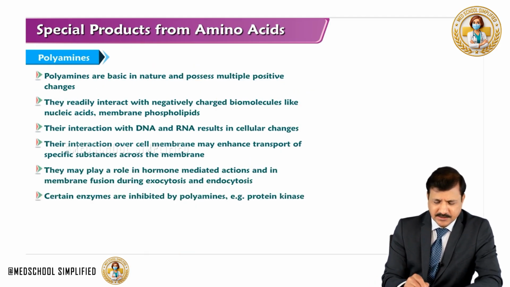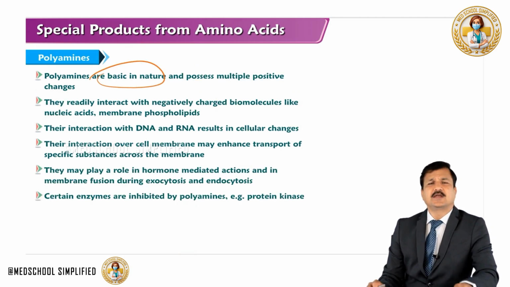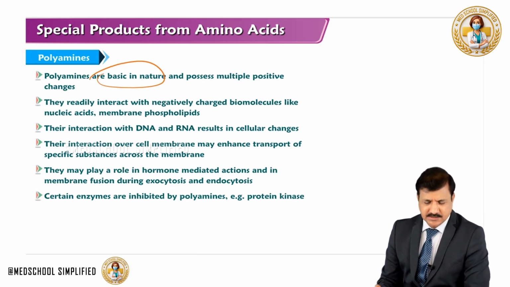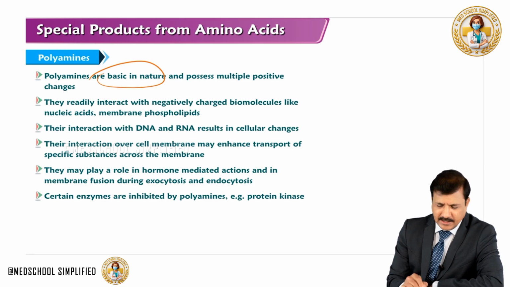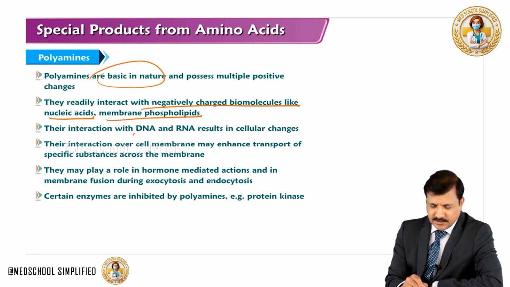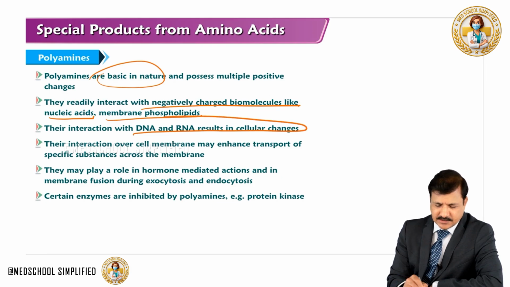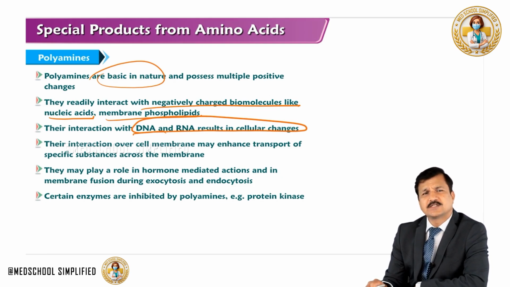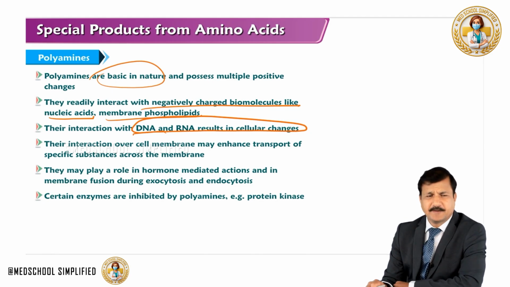And these polyamines, because they are basic in nature, that means they have higher positive charges, so they readily interact with negatively charged biomolecules like nucleic acids and membrane phospholipids. So their interaction with the DNA and RNA results in cellular changes, and also their interaction over the cell membrane may enhance transport of specific substances across the membrane.